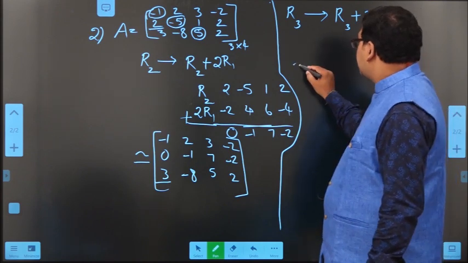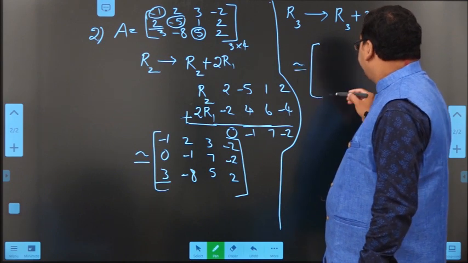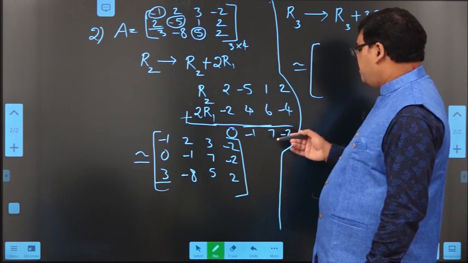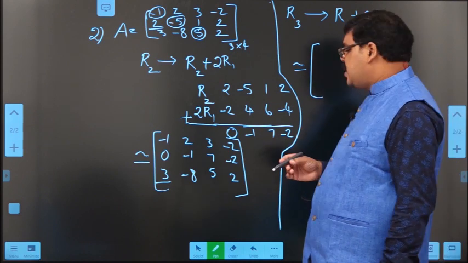So if you apply this, we are changing the third row. We can write the first and second row as it is.